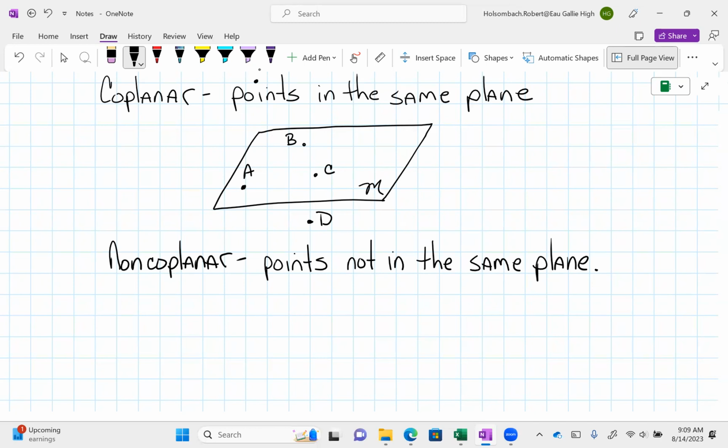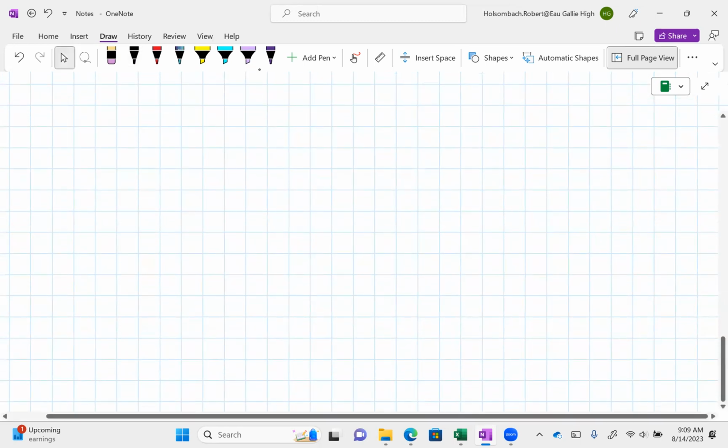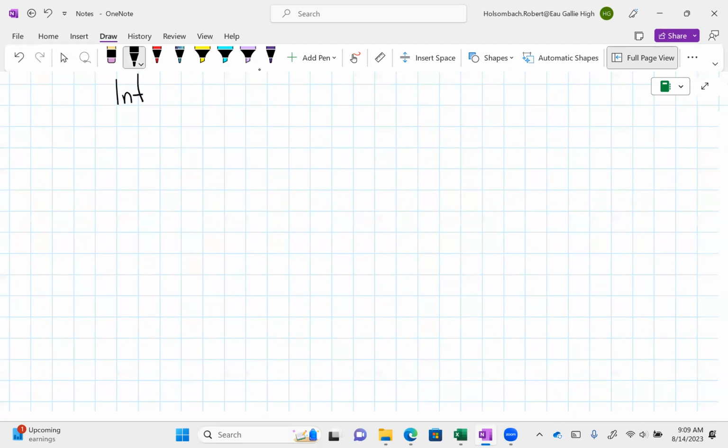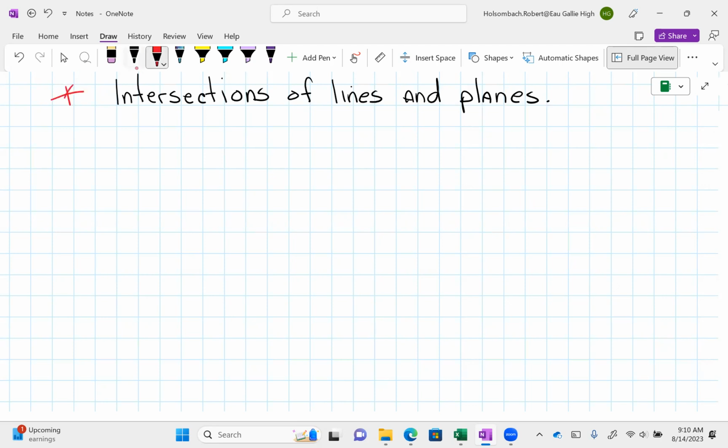All right, so let's flip the page and look down at the bottom of page 6. Intersections of lines and planes. This is something that you want to star.